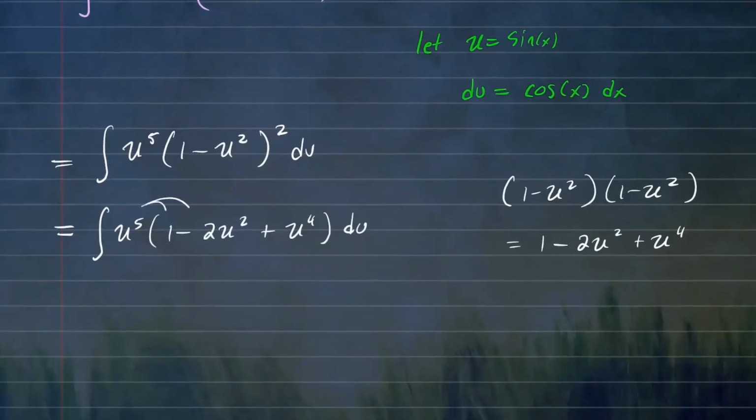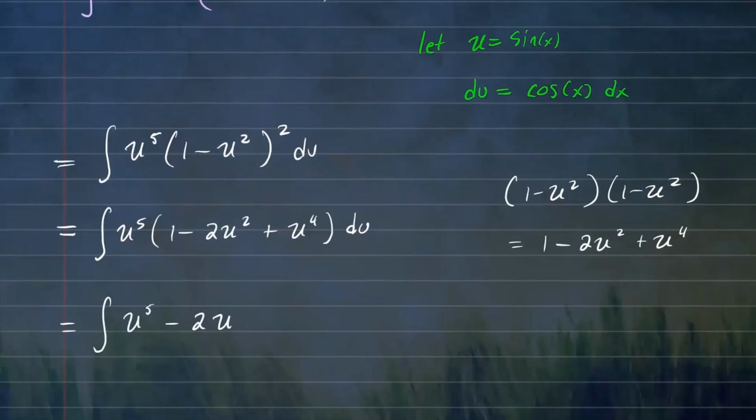And then here we expand this part out completely. That will give us the final form to integrate. We will have the integral of u to the 5th minus 2, using the laws of exponents, we add their exponents, u to the 7th, plus u to the 9th, and we're integrating with respect to u.